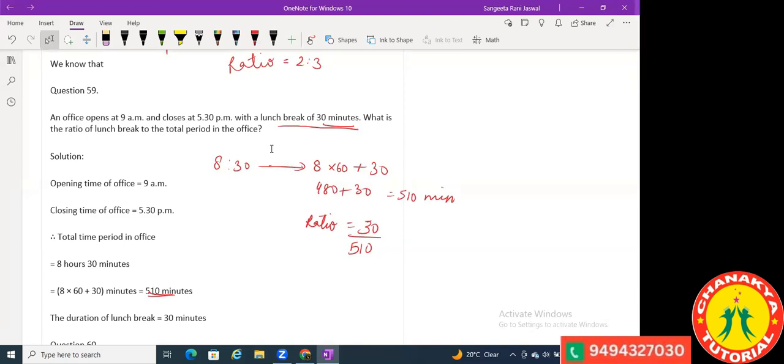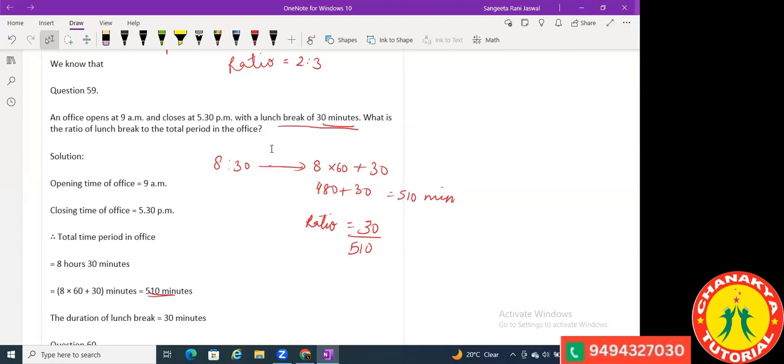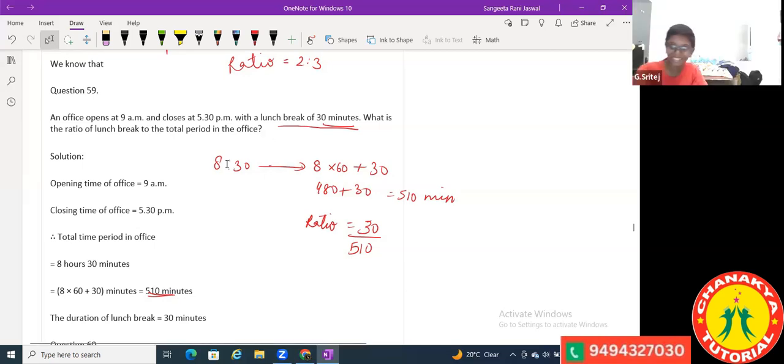Ma'am, when they're asking the ratio of lunch break to total period in the office, in the total period of the office you're including the lunch break too. Yes, we have to exclude it. Very nice, Ritesh. You got the right point. So we have to reduce the time period.